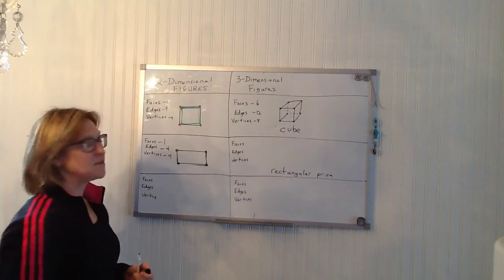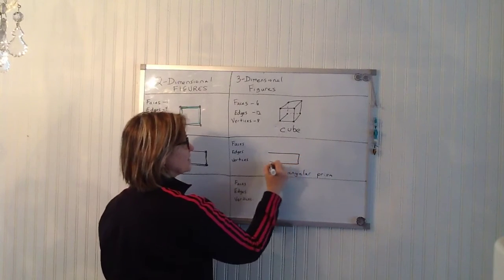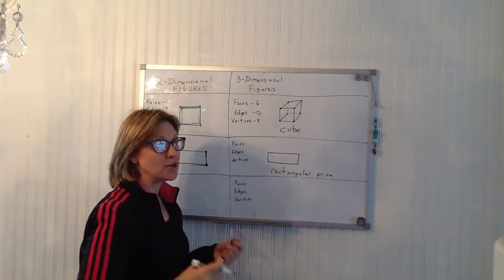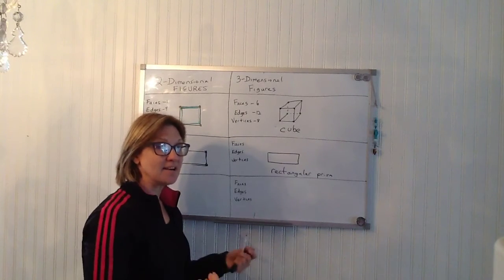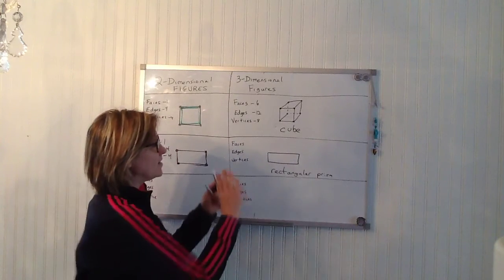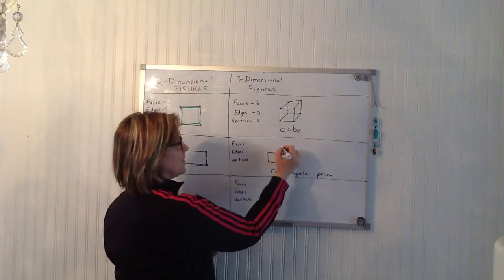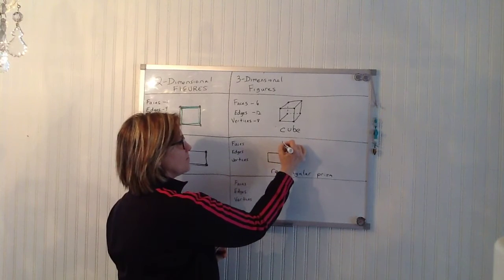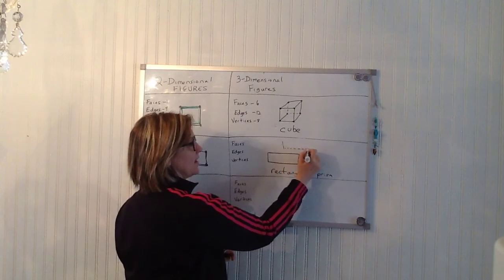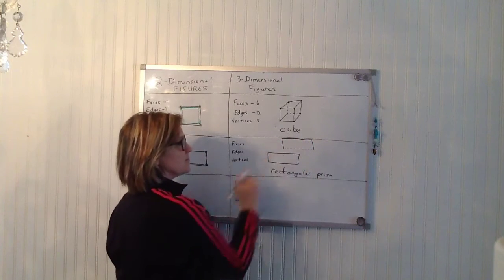Okay, let's turn that into a 3-dimensional figure. Start with a rectangle. Now this is going to be called the base. A rectangular prism has 2 bases that are congruent and parallel to each other. So I could make this very long or I could make it short. I'm going to make it a little long by extending the back. This is the front, I'm making the back. I'm going to extend it a little bit away from this first one.